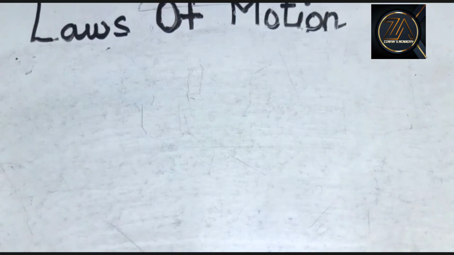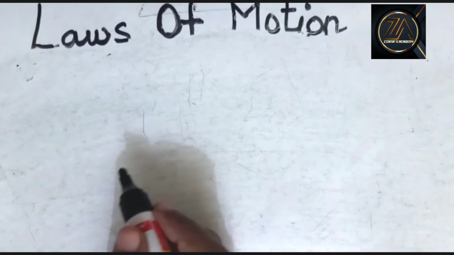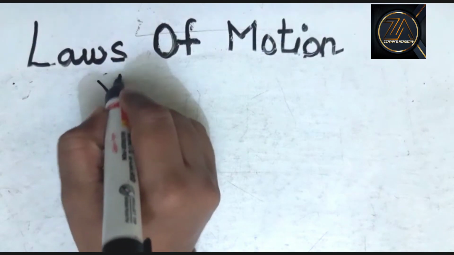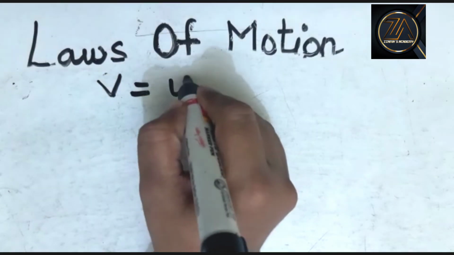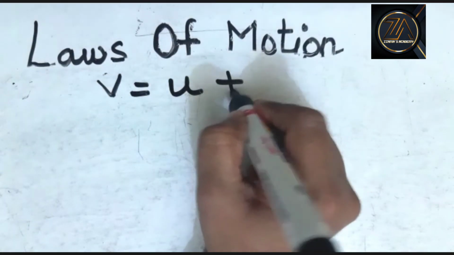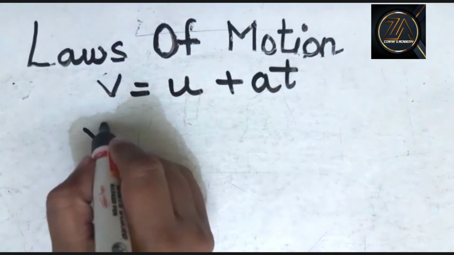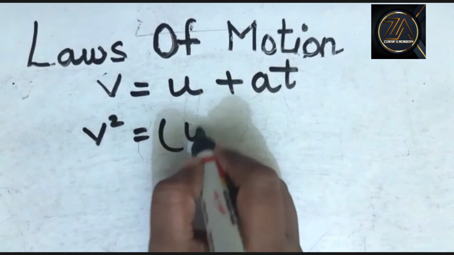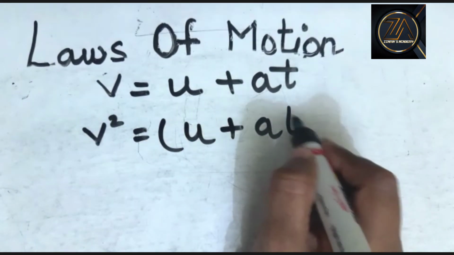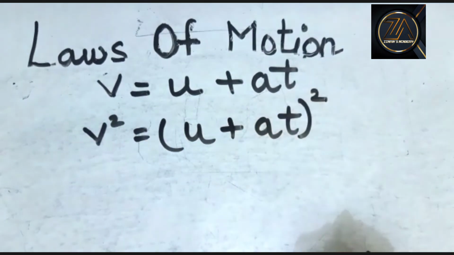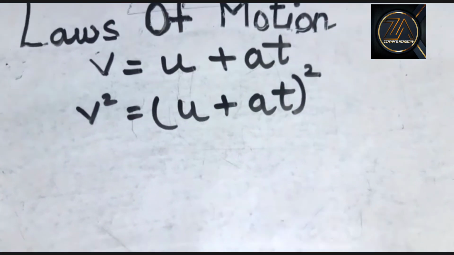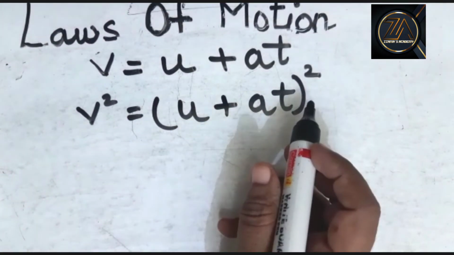For the third equation of motion, we are going to use our first equation of motion, which says v equals u plus at. Now squaring on both sides, what will we get? u plus at, the whole square. Remember the formula for a plus b the whole square.